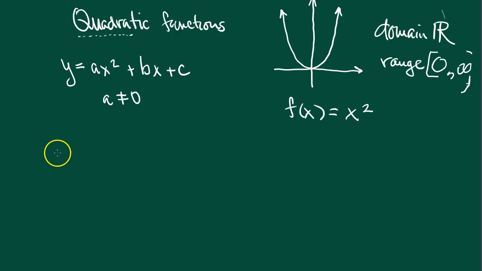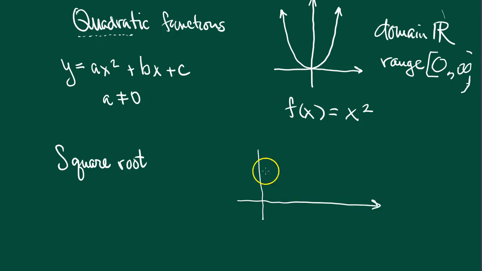The square has a corresponding square root function. And this looks kind of like at least one branch of the parabola turned on its side. There. So let's pick out a couple of points on this.